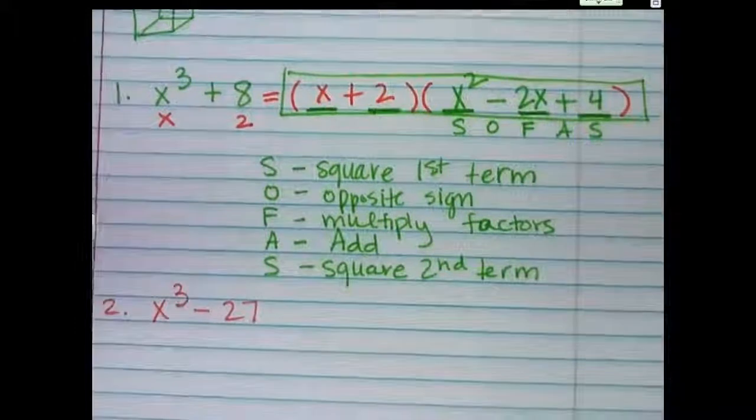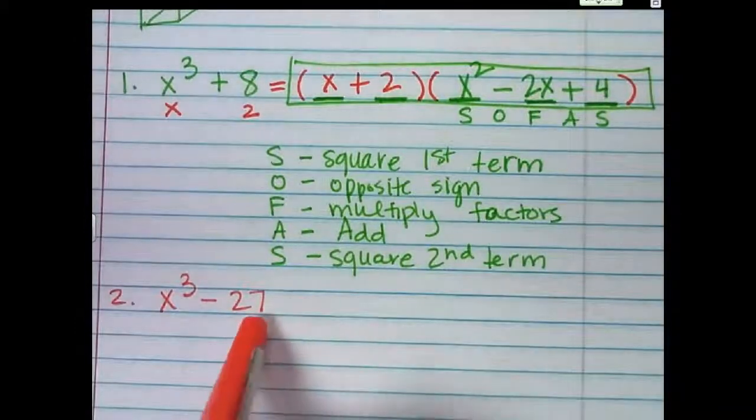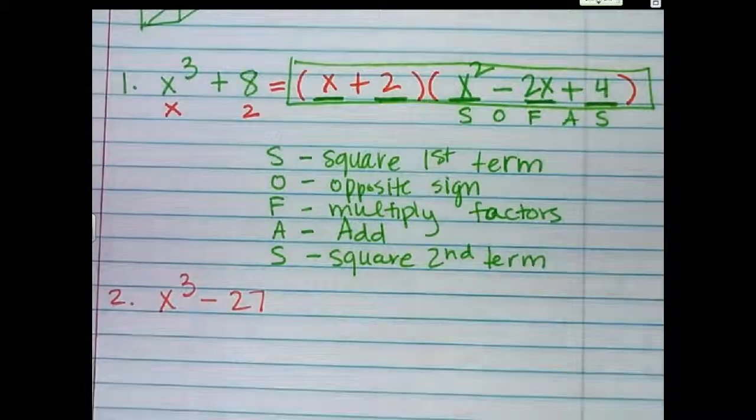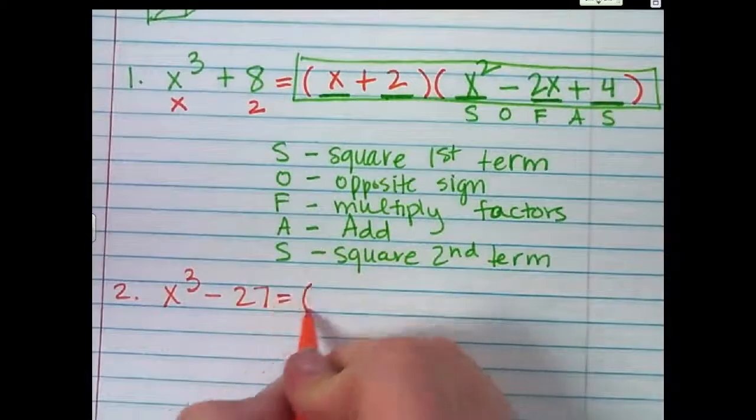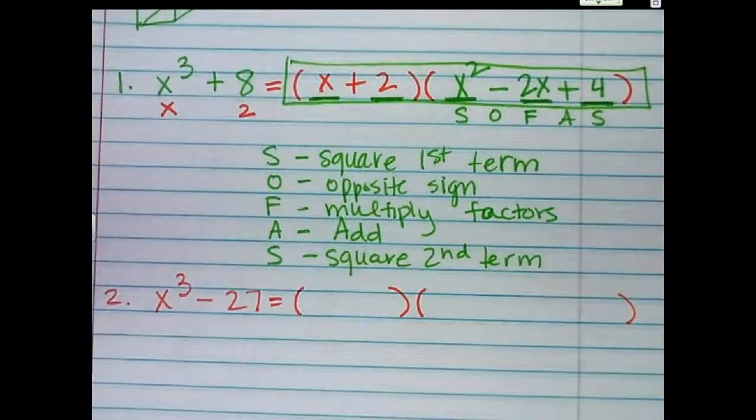Okay, so I want you to try this one. X cubed minus 27. So I changed the number on you and I changed the sign, but see if you can set up your 2 parentheses. So you'll have a binomial and then a trinomial. So see if you can set that up.